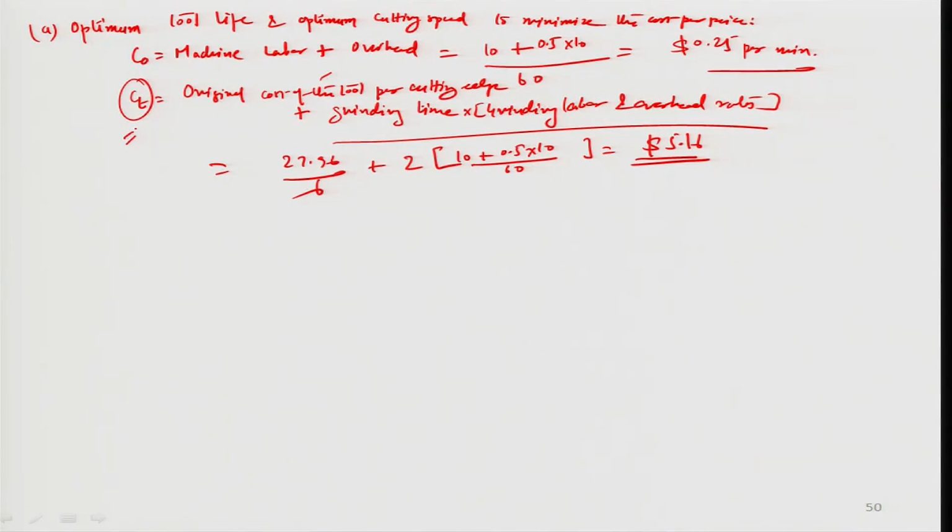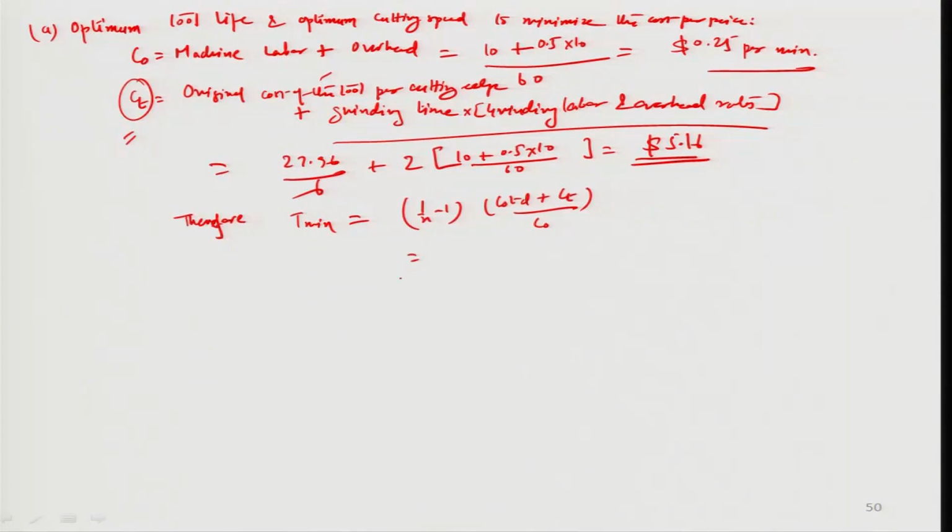So, we simply apply the minimum cost model. We obtained earlier the total tool life for this minimum cost model as 1 by n minus 1 times (C0 TD plus CT) divided by C0.